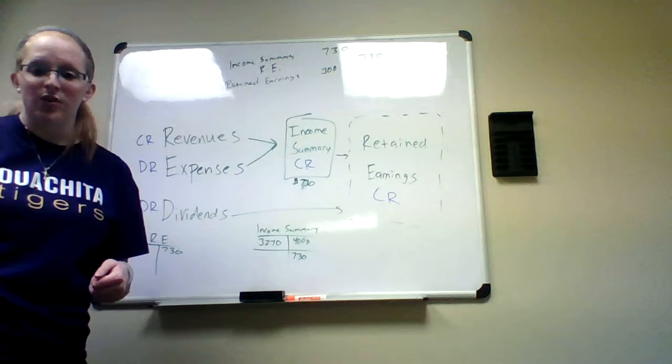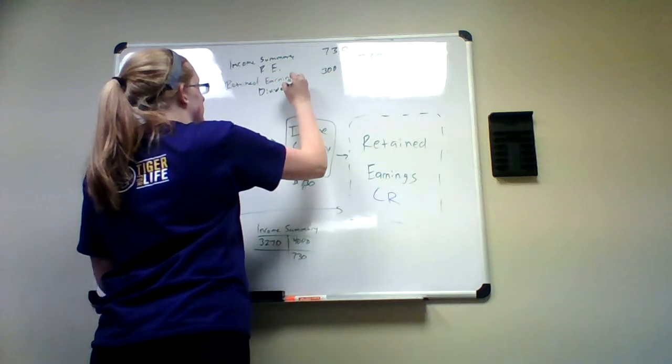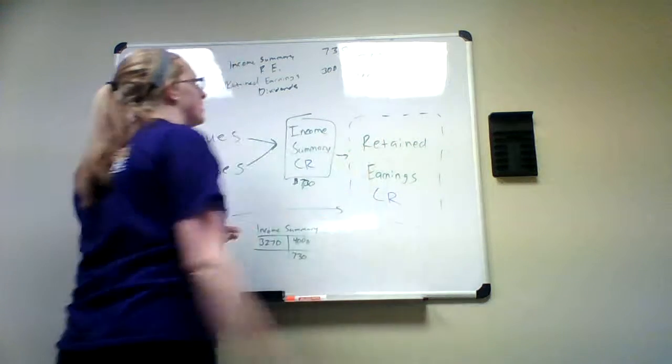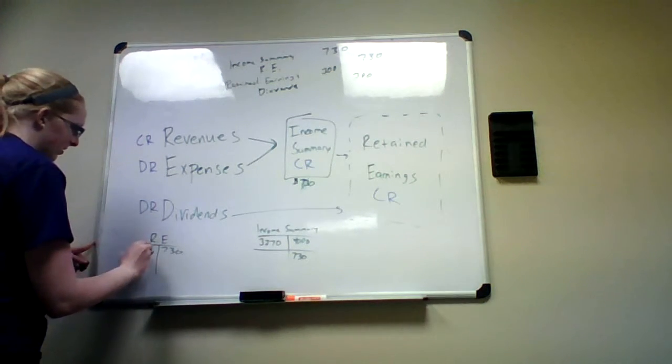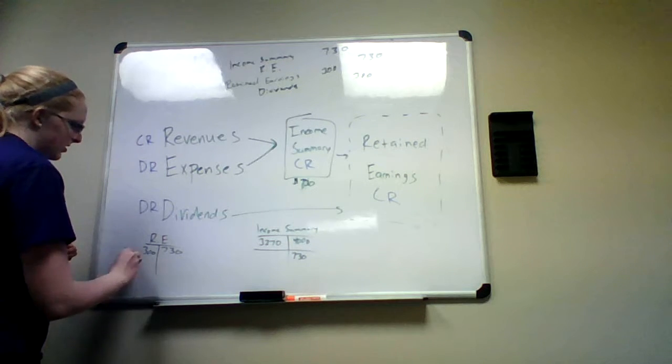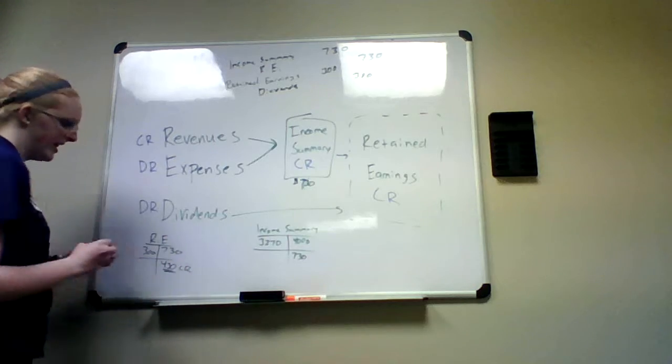And now you're going to credit dividends for $300. And so you now have a debit of $300 over here. So you have a $430 credit to retained earnings.